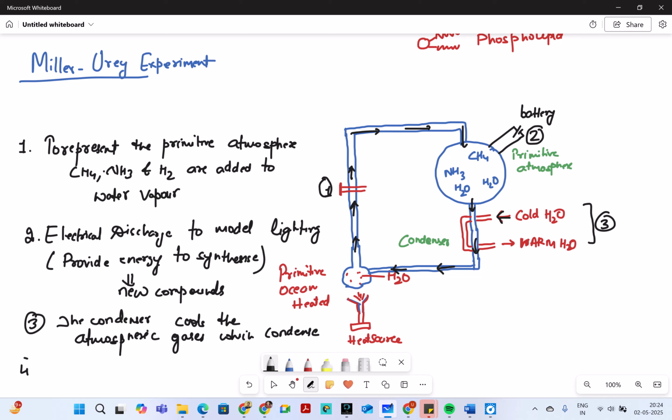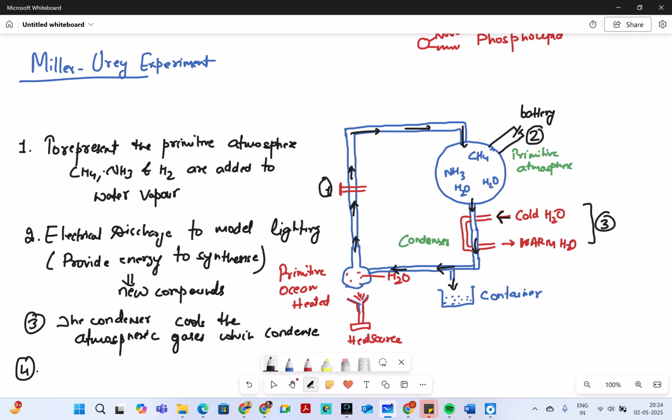And then later on, what is happening? The condensed water is going to get collected, and if you want to analyze it, that is also possible. So we have a container. In the container the water also gets collected. Some is going down. So this is the fourth step.